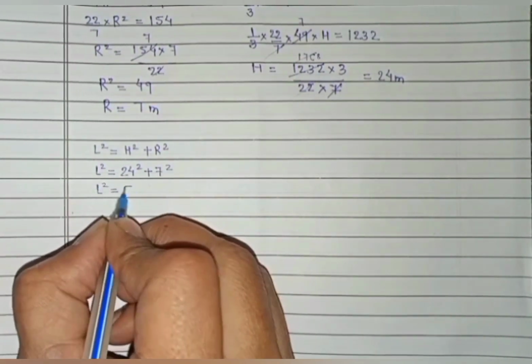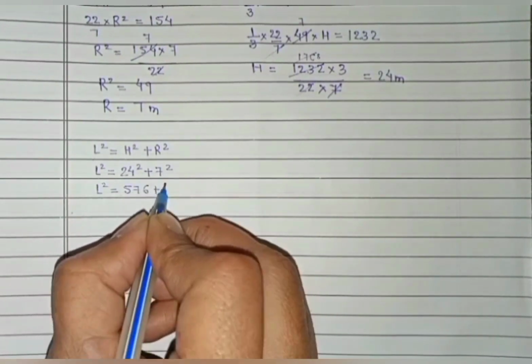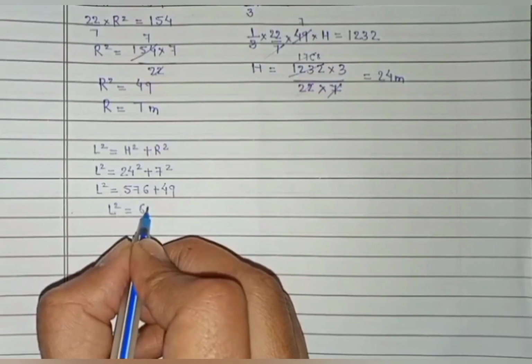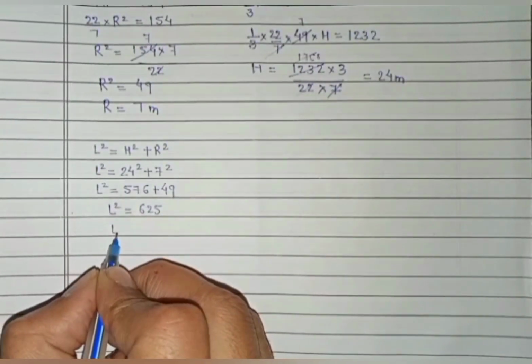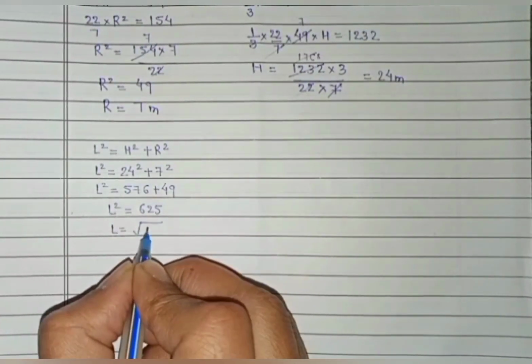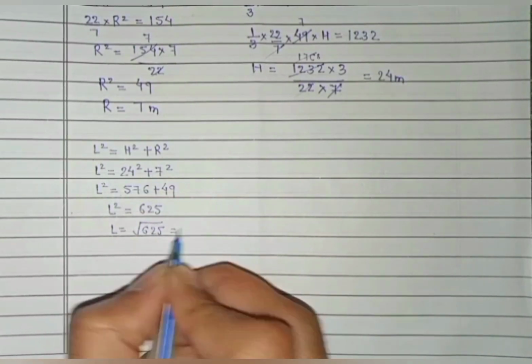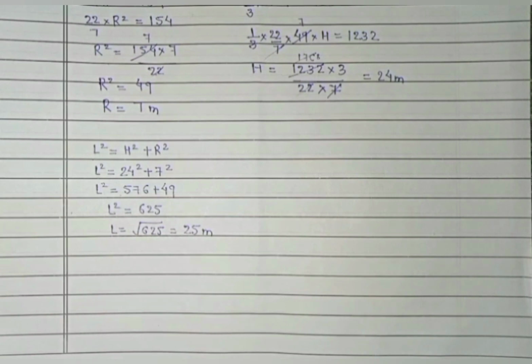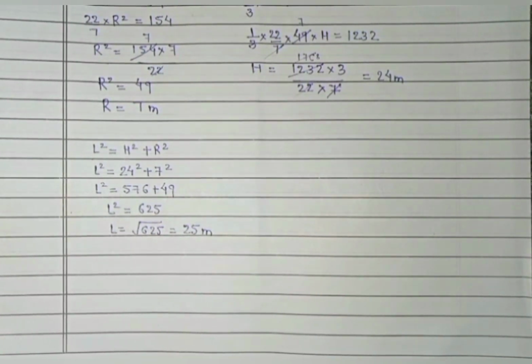So this will give you 625. So L will be equal to root of 625, that will give you 25 meter. So we have calculated slant height. Now why we have calculated slant height? Because with the help of slant height now we will be calculating the curved surface area.